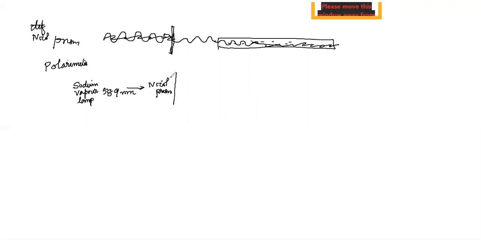After it passes through, the light will come inside. Now you take this, called a polarimeter tube. It has a definite length and dimensions.